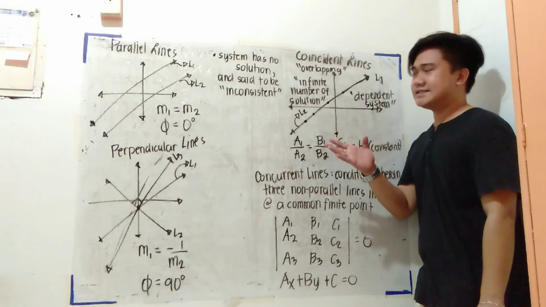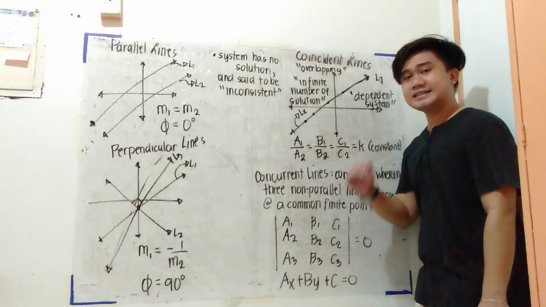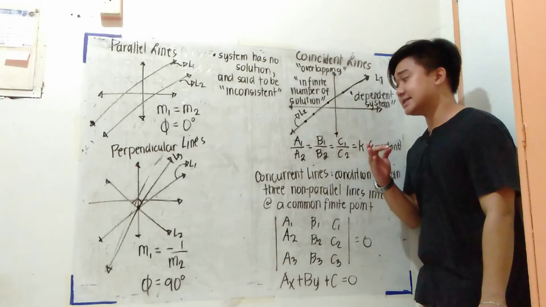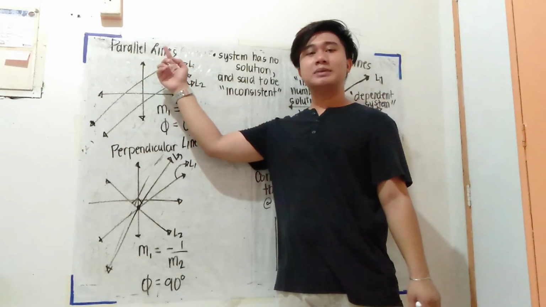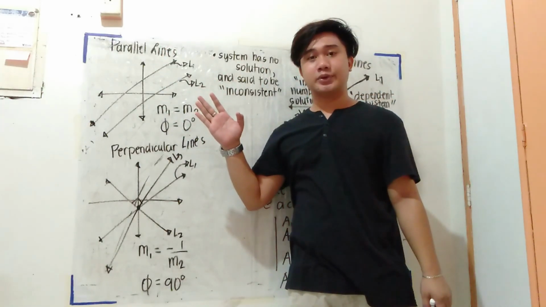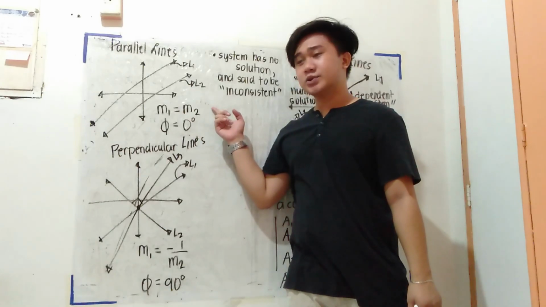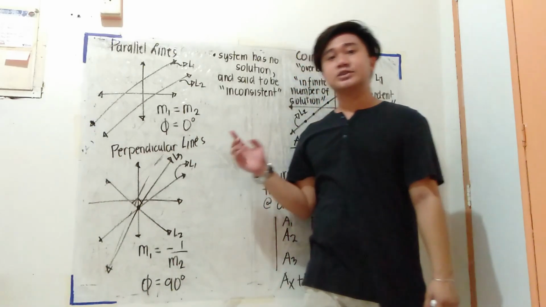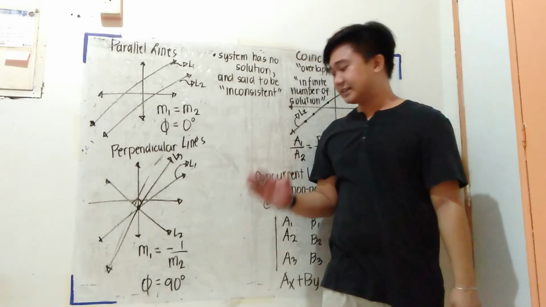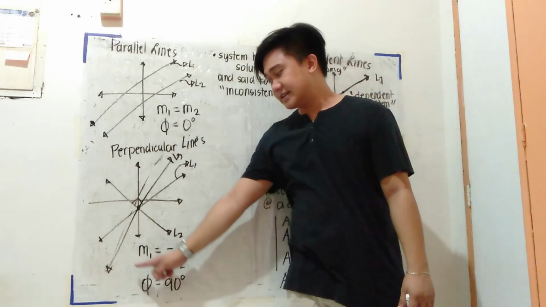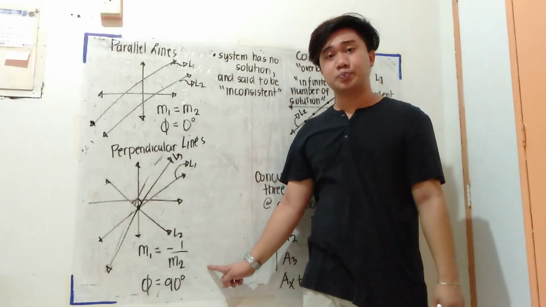So, those are the ideas about parallel lines, perpendicular, coincident, and concurrent lines. Review lang. Parallel lines, ito yung mga lines na never magtatagpo. Equal po yung slope. Perpendicular lines, ito naman is a special type of intersecting lines na nagkikita at 90 degrees. And this is the relationship of their slope.